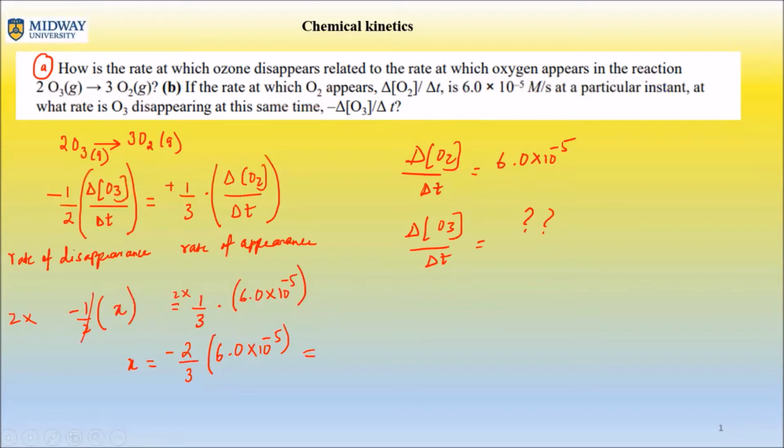Let me get my calculator. So that will be, all right. So 6 exponent negative 5.